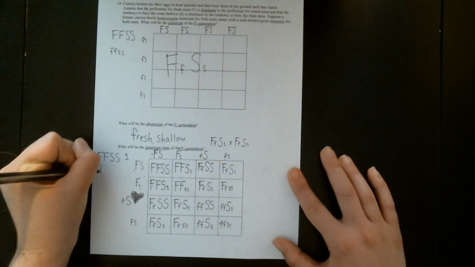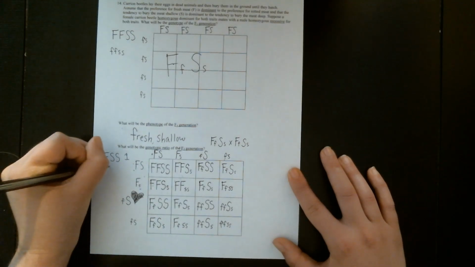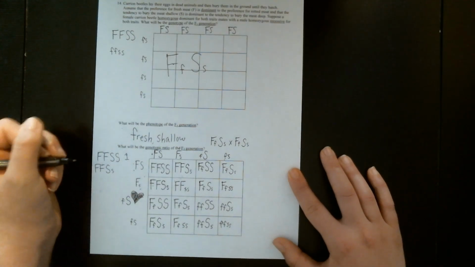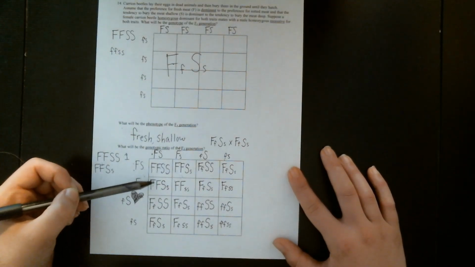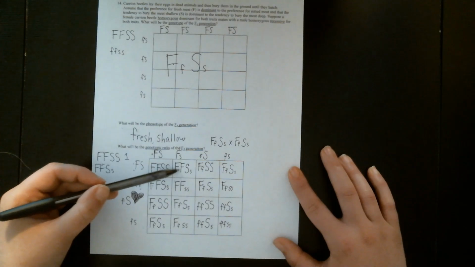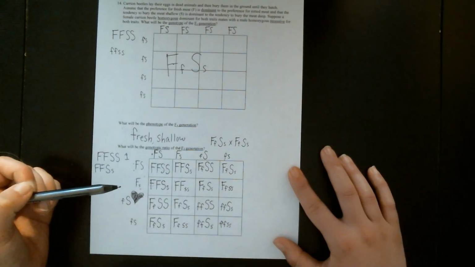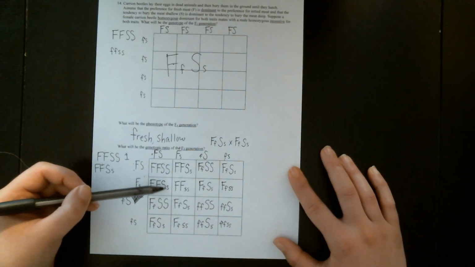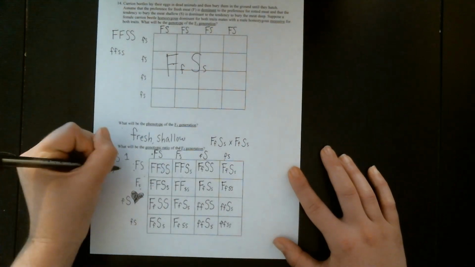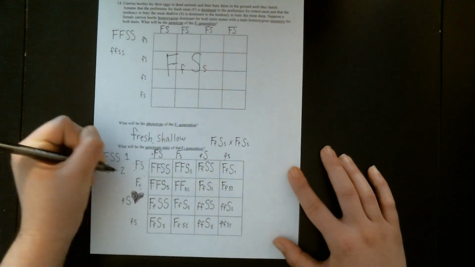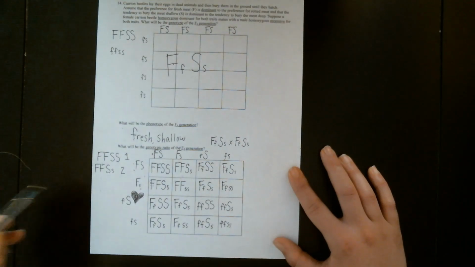This one is going to have the same phenotype as the first one, because they still get both dominant traits, but now they have a different genotype. Where do we see that one? We see it right here. That is the only time that we see that. So we have 2 of those.